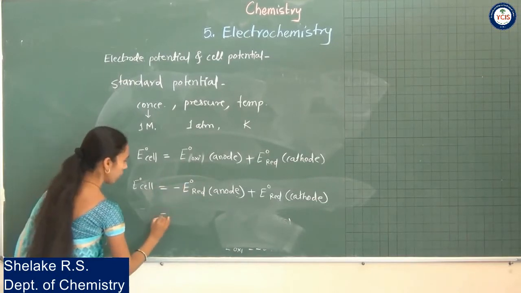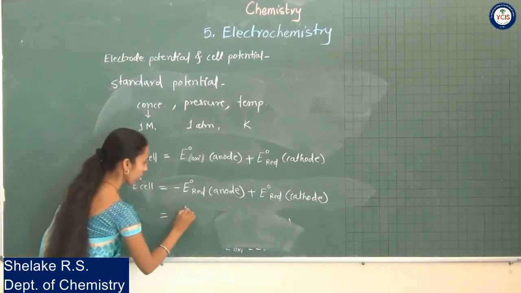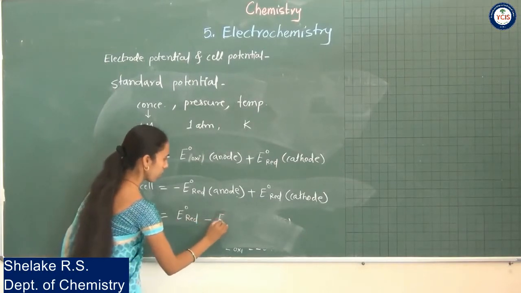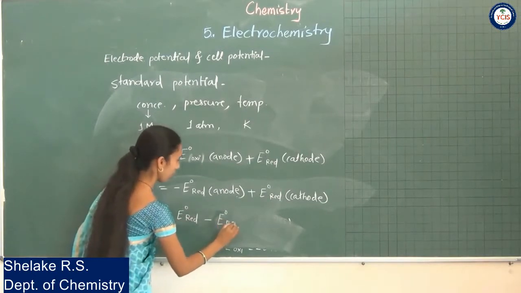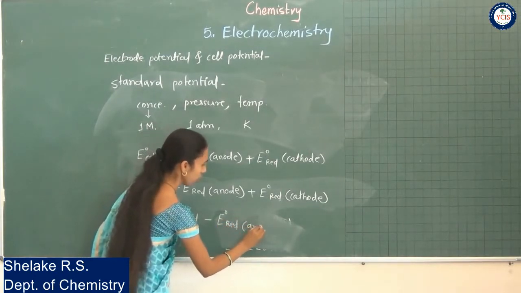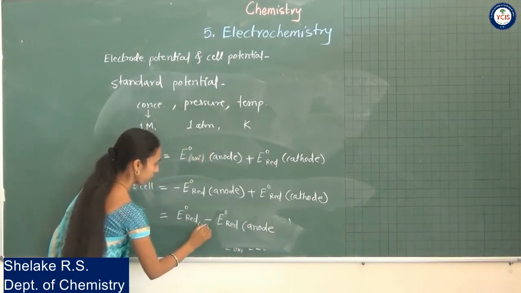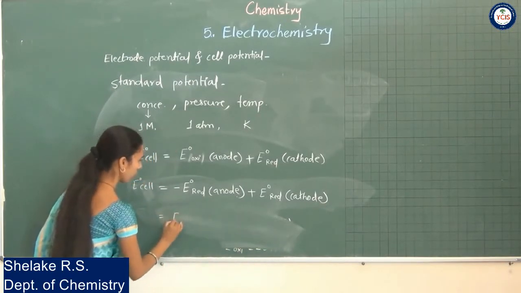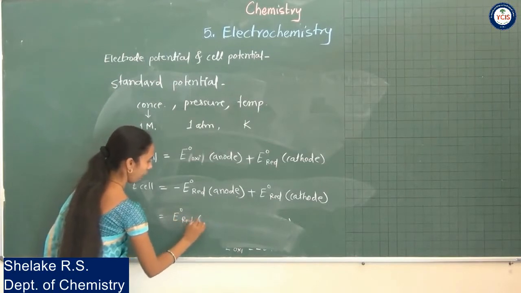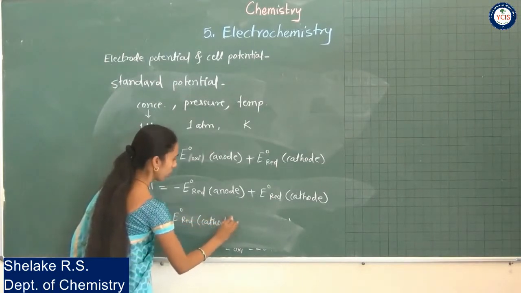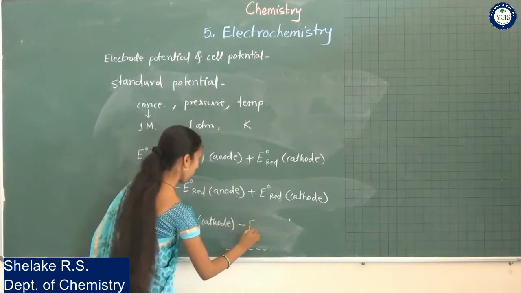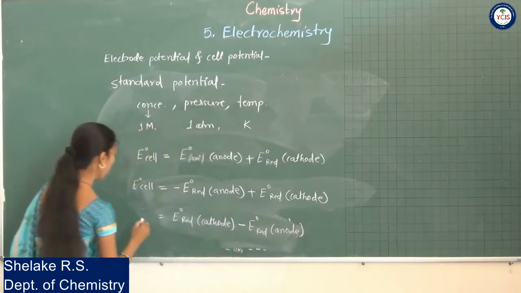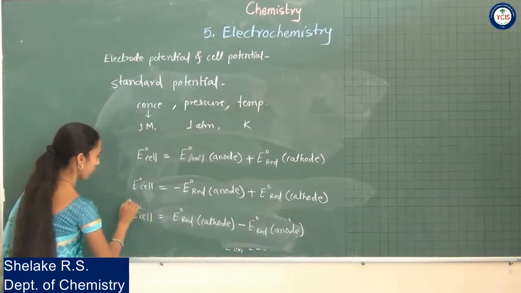So by simplifying that formula you can write it as E0 cell equals E0 reduction at cathode minus E0 reduction at anode.